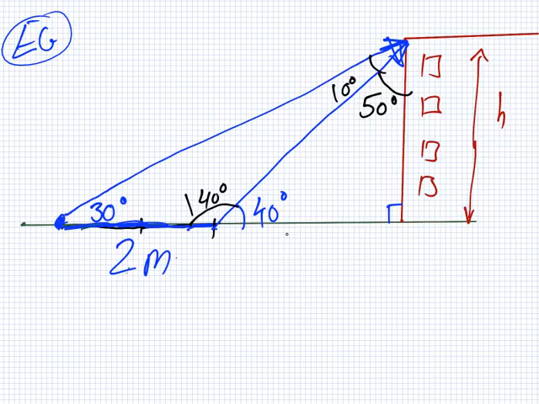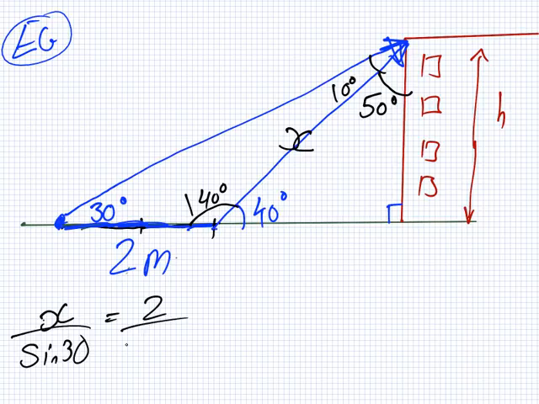Now, when we have 2 triangles, it is convenient to find the side that they share. So I'll call this side x, and I'll use the sine rule. So x over sine 30 equals 2 over sine 10.